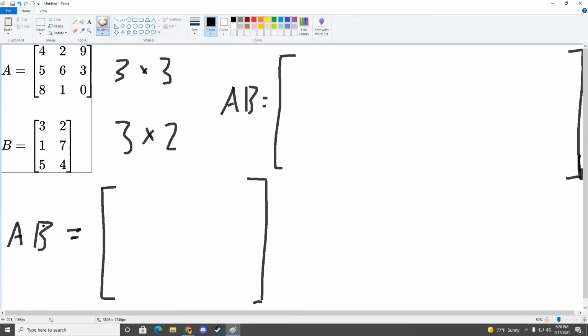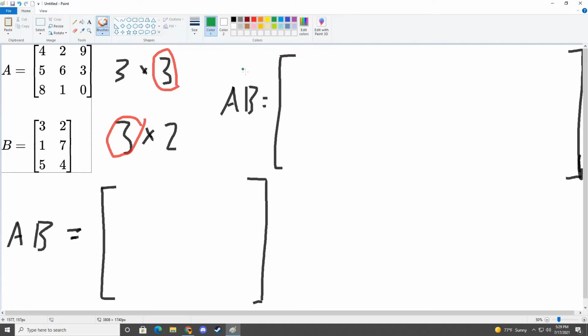To find matrix AB, we need matrix A's columns to equal matrix B's rows. As we can see here, we have 3 columns in matrix A and 3 rows in matrix B. Since they're the same number, we can indeed multiply these two together.